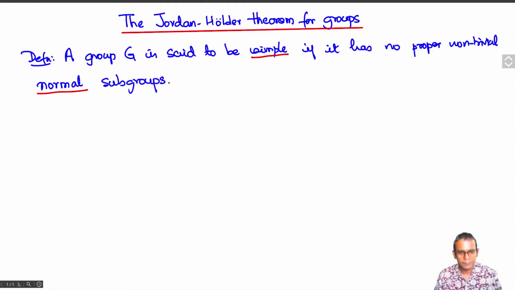Right, so the most common example of simple groups are the alternating groups A_n for n greater than or equal to 5.